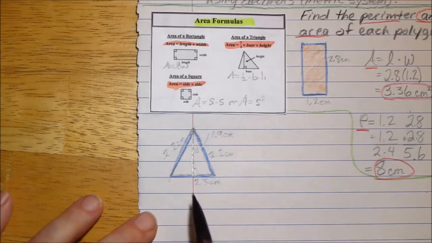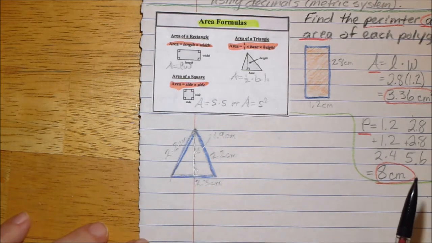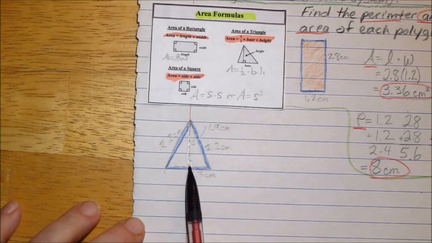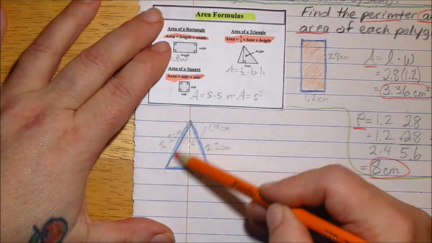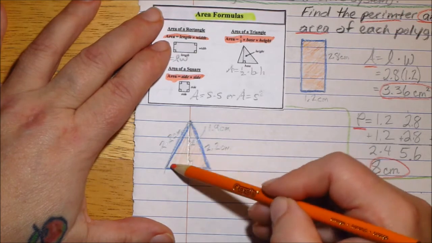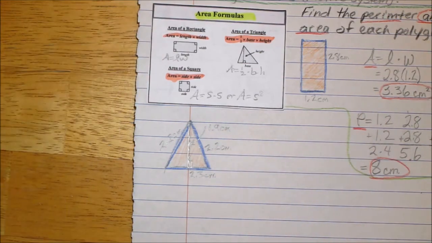All right, so now we know what the lengths are of all three lines of our triangle, and we know what the height of the triangle is, which is not the same as one of these sides. Okay, all right, so let's shade area here nice and light. Remember that the orange is area and the blue is perimeter, and we're still being asked to find both.